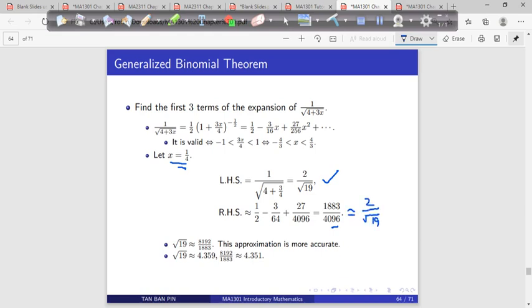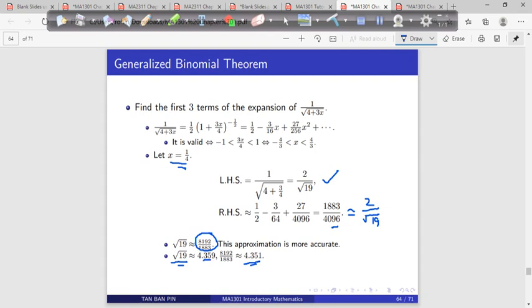And then you can work out square root 19, it should be 8192 over 1883. It can be approximated by this fraction, which is 4.351. And if you key into the calculator, square root of 19 gives you 4.359. So you'll find that the first two decimals agree.